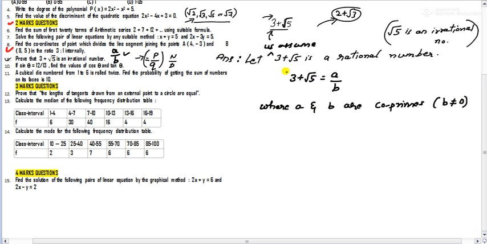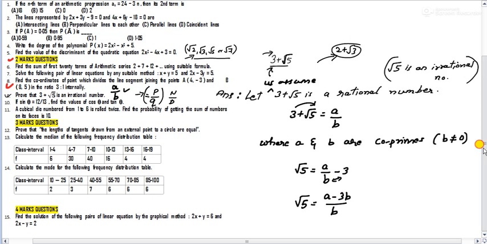Now you have to solve this. I'll keep root 5 on the LHS itself, and on the RHS I'll bring this 3, so it becomes minus 3. Root 5 is as it is. Solve this, and the denominator will be b, and the numerator a minus 3b, correct? If you do cross multiplication.